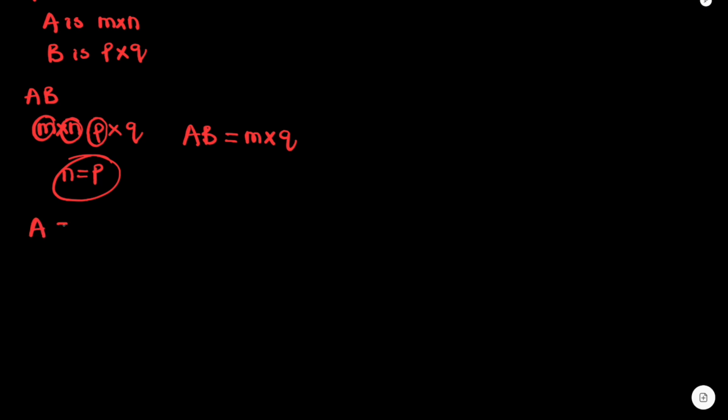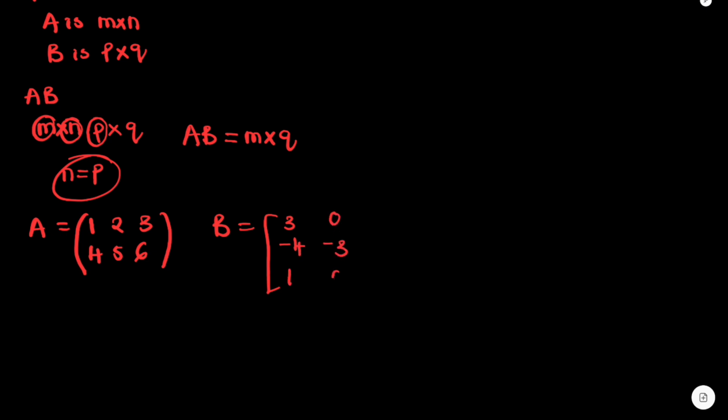Let A be the matrix 1, 2, 3 and 4, 5, 6, and B be the matrix 3, -4, 1, 0, -3, and 5.